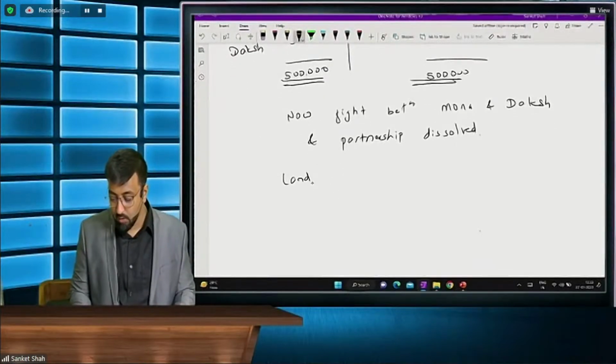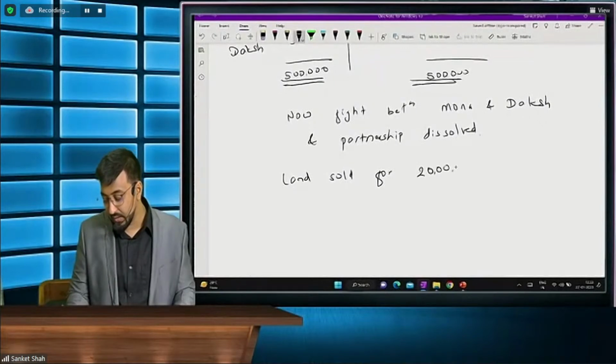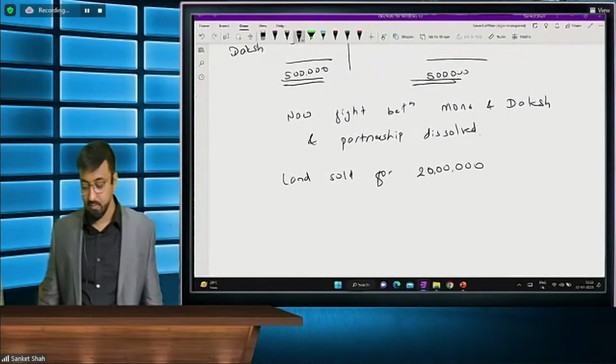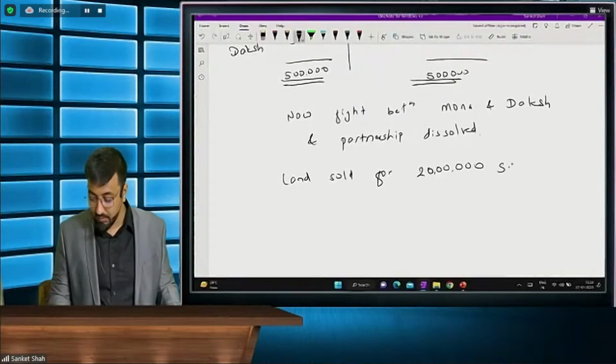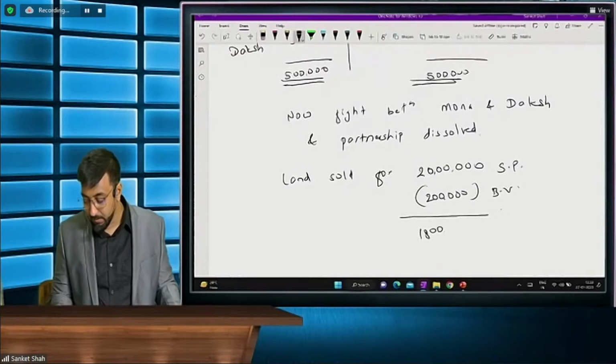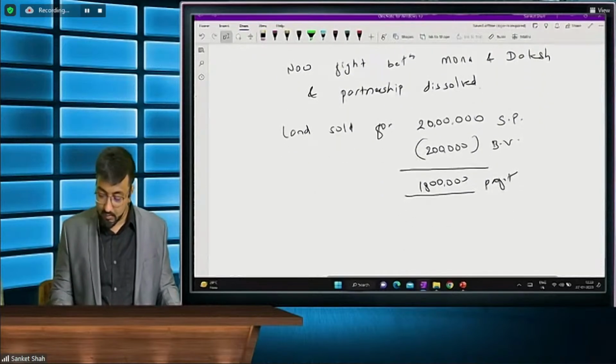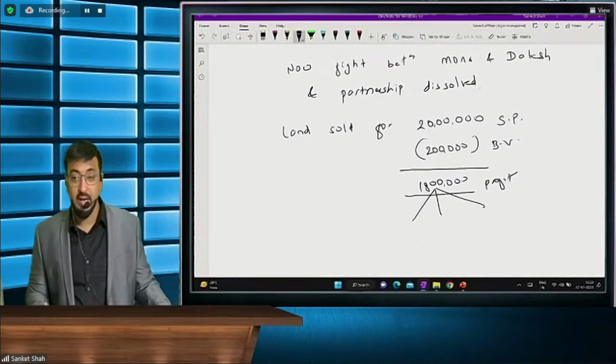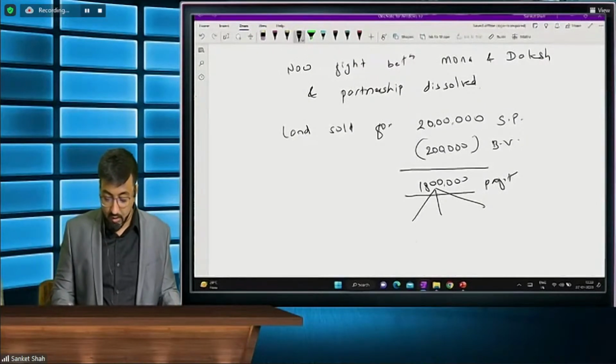Land sold for 20 lakhs. So this is a selling price. And what is book value? 2 lakhs. So what is the benefit? 18 lakhs is a profit. And this profit will be divided in equal ratio.